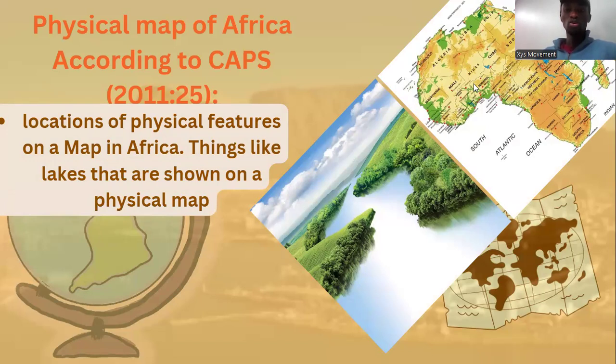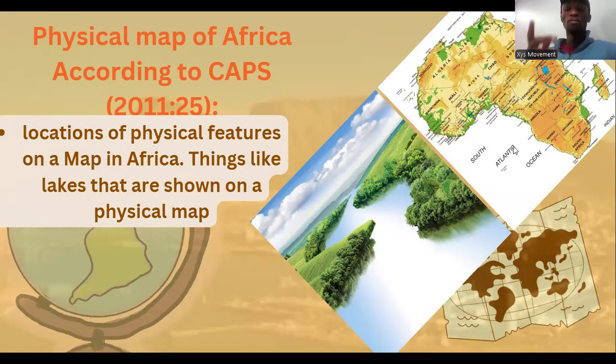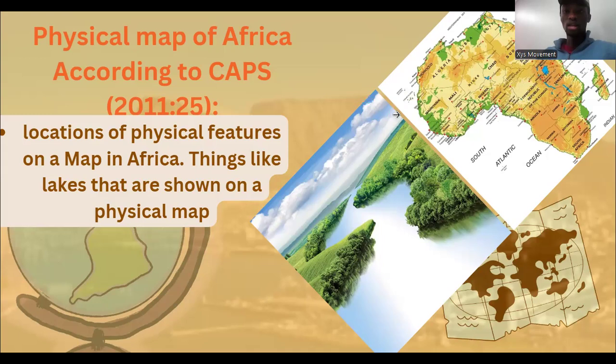And you have to know that there's a difference between a border map and a physical map. On a physical map, you'll see features like mountains and rivers that surround the country or the continent. But a border map is the one that shows different countries in that continent.